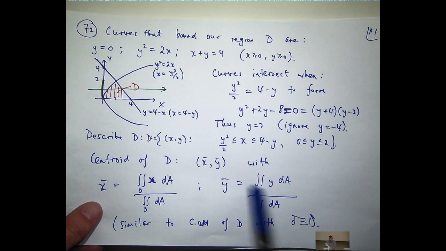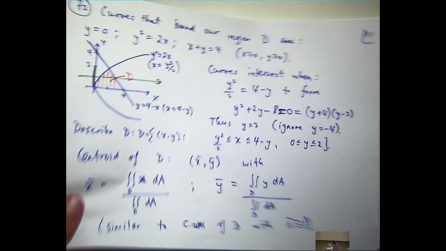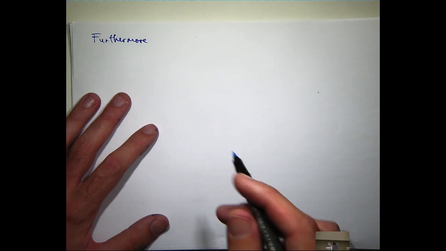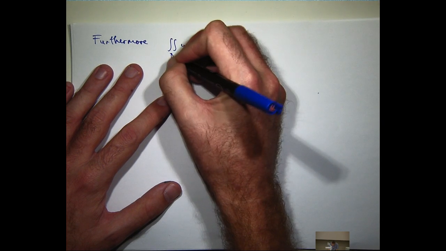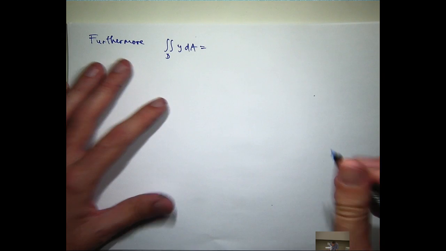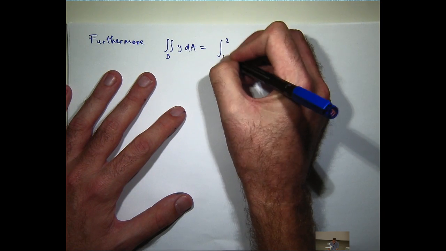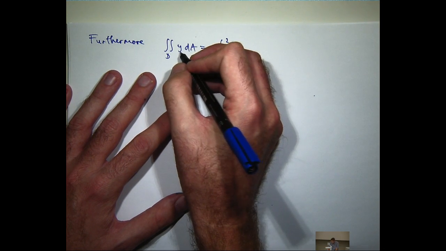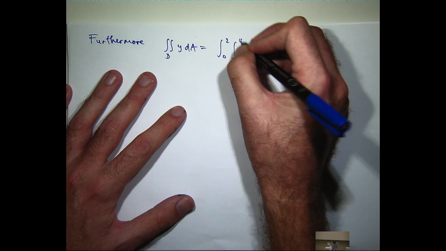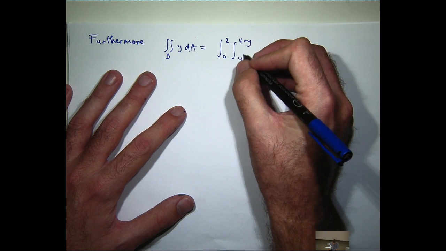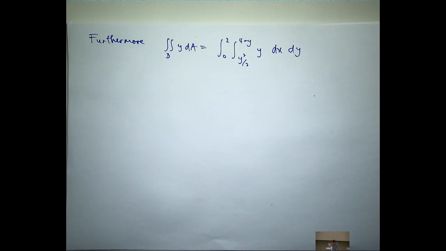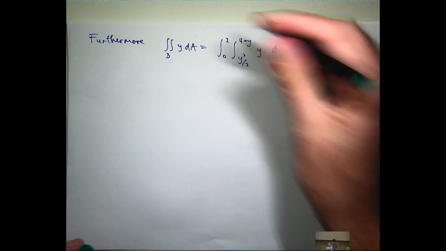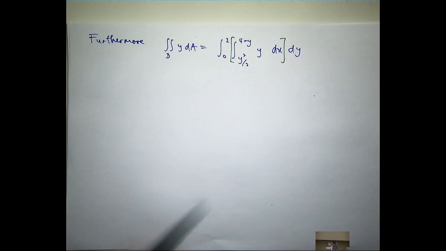We've got that, so let's just do this integral and then we'll be finished. All right, so my region of integration is still the same. I'm just integrating y this time. Okay, so as you would expect, do the inside integral first, and then move on to the outside integral.